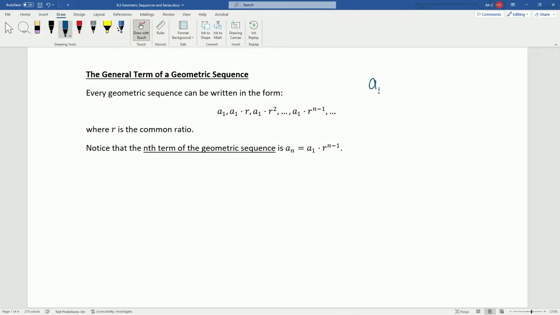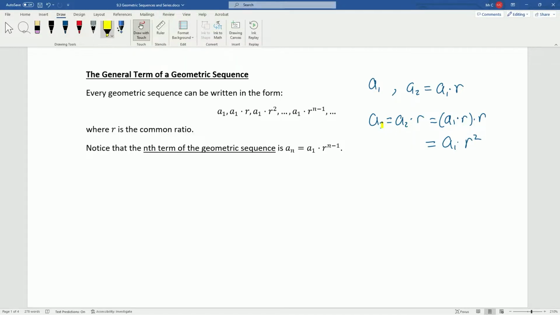My first term is given, and my second term is what I get from taking a1 and multiplying it by r. And my third term is what I get from taking a2 and multiplying it by r, but that's a1 times r times r. So that's a1 times r squared.